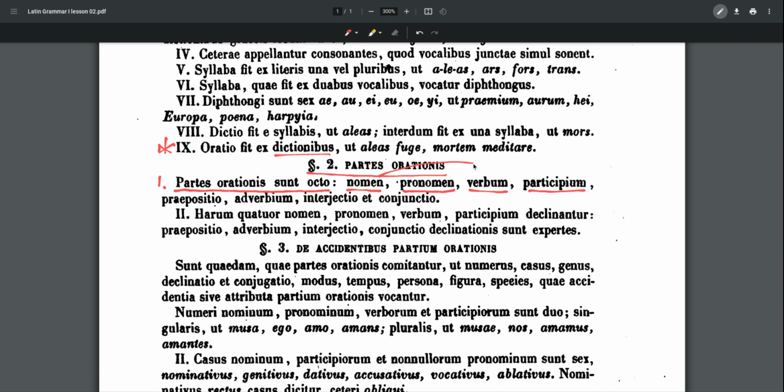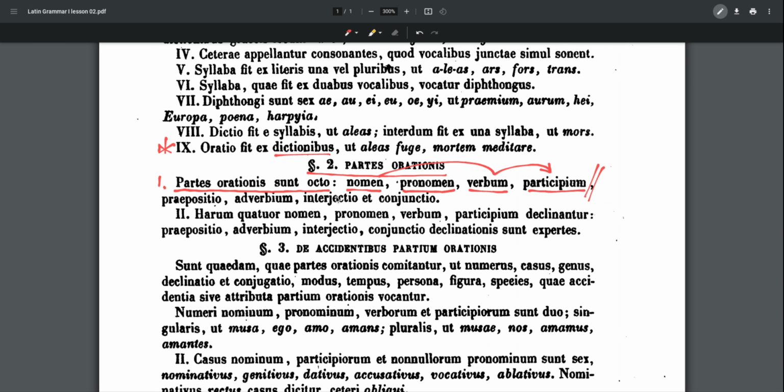And a participle is a word that participates in the characteristics of both nouns and verbs. So a participle is a word that participates in the qualities of both nouns and verbs. And these are the first 4 parts of speech. And it's important that we make a division between the first 4 and the last 4, as we'll see down in point 2 below.